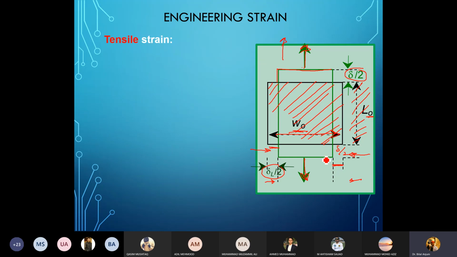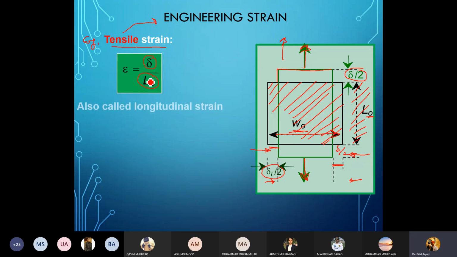Now, if I have to define the tensile strain, when I say tensile strain, I mean engineering tensile strain. Whenever I use tensile strain or tensile stress, this refers to engineering tensile strain or stress. So engineering tensile strain is the change in length, delta, divided by the original length, L naught. This is also called the longitudinal strain because it is along the longitudinal axis.